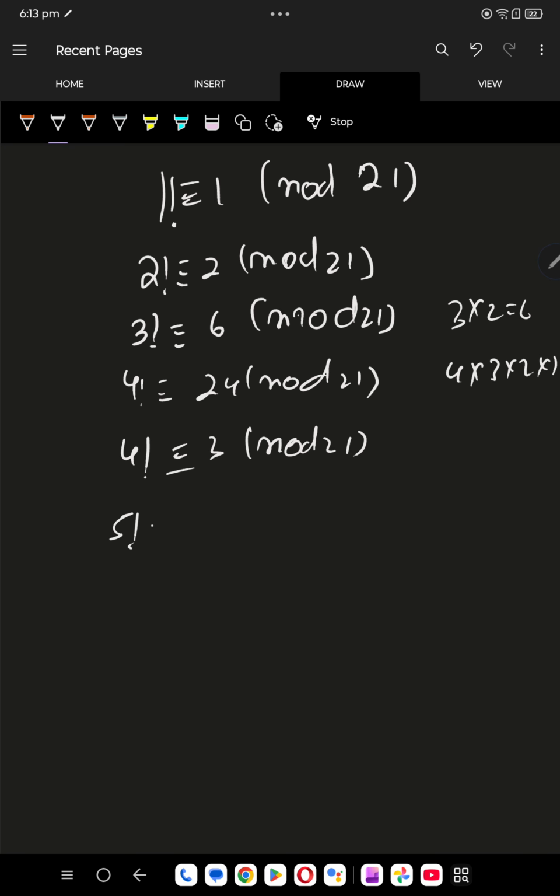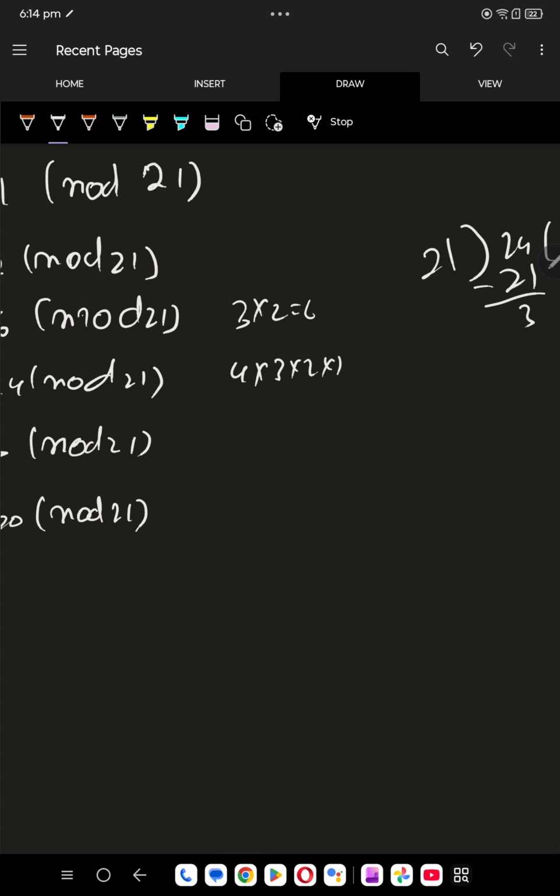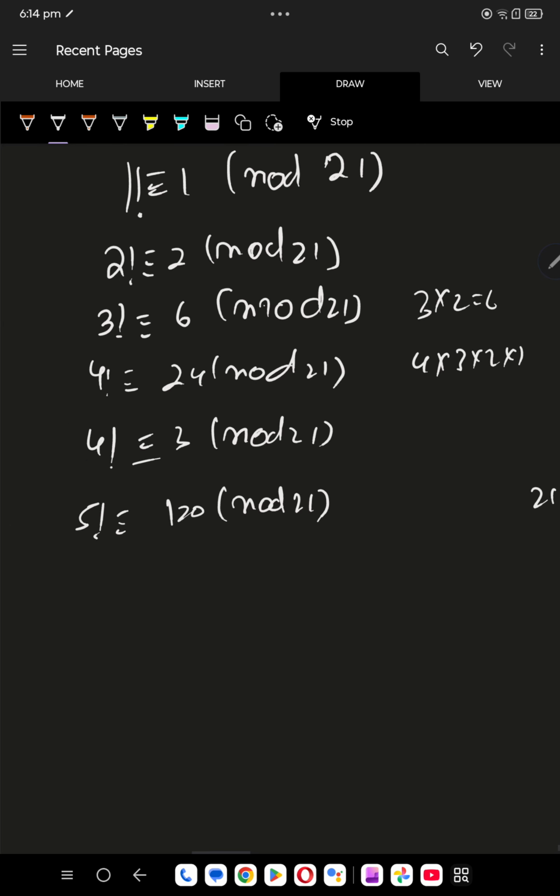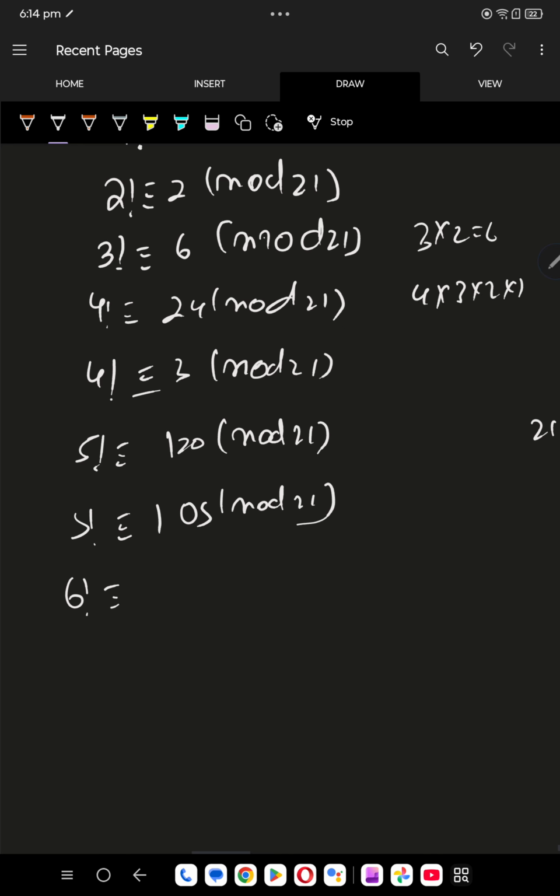Next, 5 factorial is congruent to 5 into 4 into 3 into 2. That is going to be 120 mod 21. So 120 by 21, that's basically 21 into 5, which is 105, so 15 is the remainder. So 5 factorial is congruent to 15 mod 21. 6 factorial is congruent to 6 into 5 into 4 into 3 into 2 into 1.